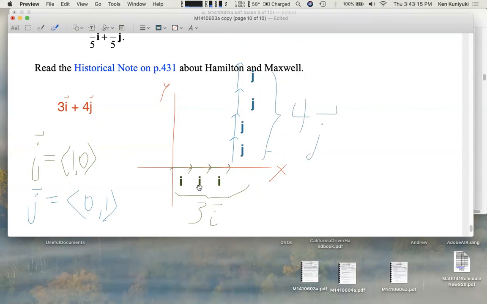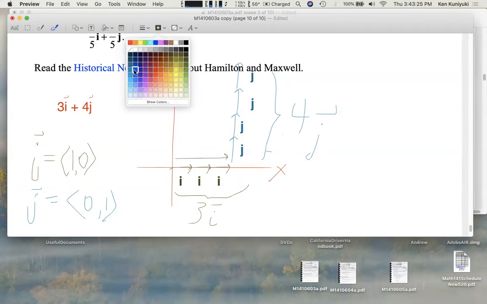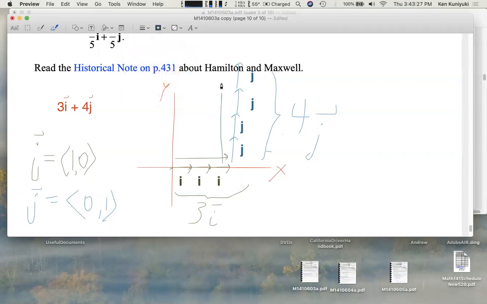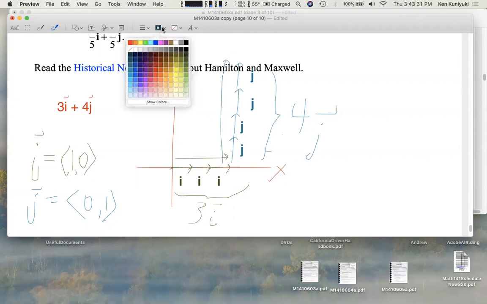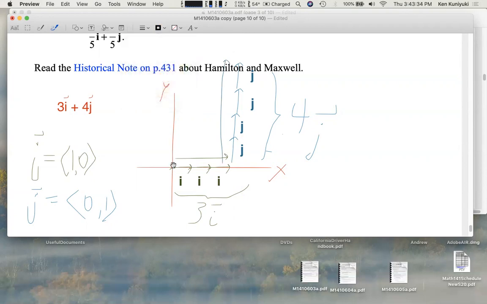So what's 3i? That's like a big vector here, right? 3i is like this big vector here. Plus 4j. 4j is this big vector here. What's 3i plus 4j? We get the resultant vector, 3i plus 4j. I'll erase these now.